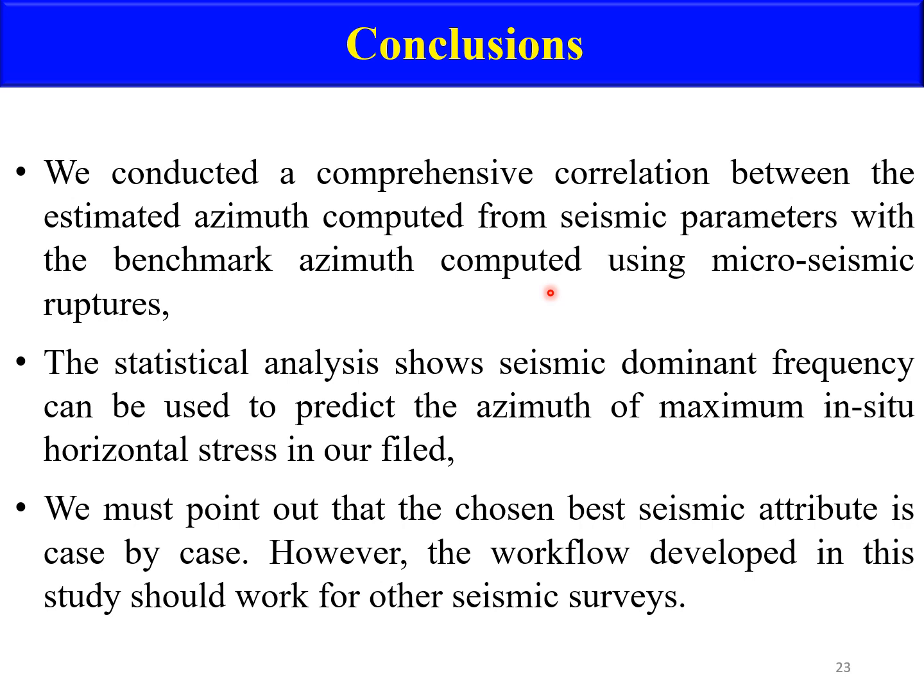The estimated azimuth computed from seismic attributes is based on the seismic attribute variation with offset and azimuth. The statistical analysis shows that the seismic dominant frequency can be used to predict the azimuth of maximum in-situ horizontal stress in our seismic survey.